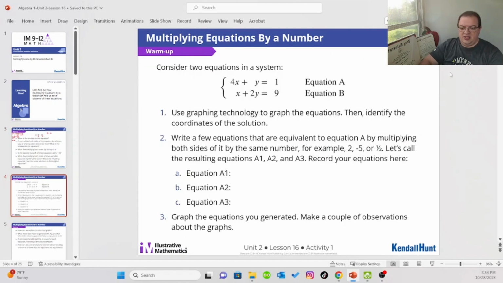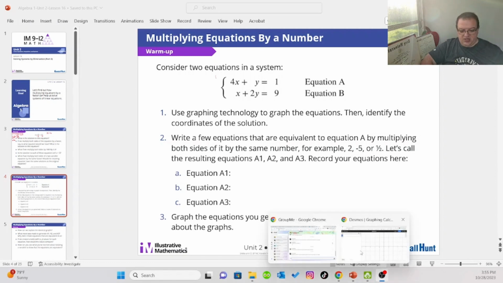So now it says consider two equations in a system. We have equation A and equation B. Use graphing technology to graph the equations, then identify the coordinates of the solution. To do this, we can use Desmos calculator.